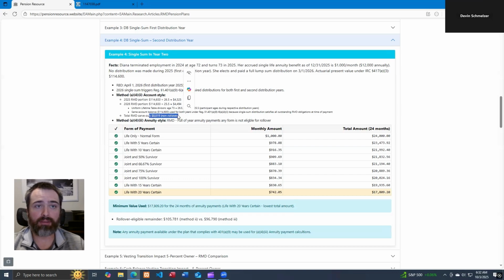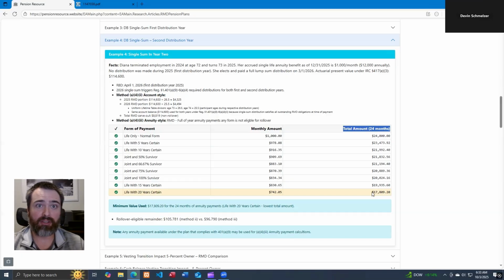Now for the annuity style method, same idea as we did previously, but instead of 12 months of RMD payments, we're going to have 24, so 12 months for each year that they were past the required applicable age. Again, the same method is where you use any optional form available to the participant for calculating the hypothetical annuity amounts for the full years for the begin year, 2025 and 2026, for the amounts not eligible for rollover.